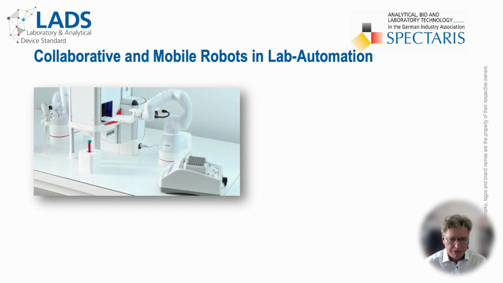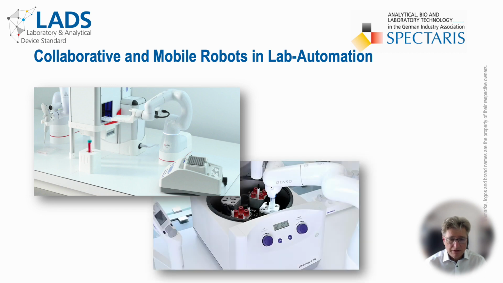Here are some typical examples. A cobot on a lab bench picks up plates and places them in another instrument. Next to him, in the background, a cobot ready to do some liquid handling tasks. A cobot positioning conical vials containing samples in the rotor of a lab centrifuge.